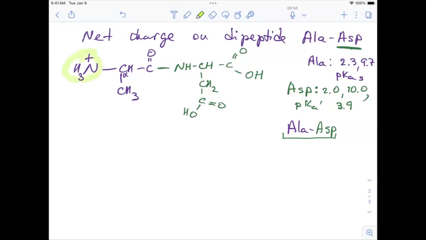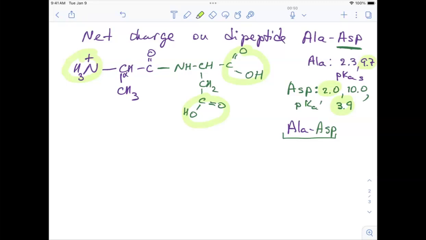From alanine, we keep the amino group, so we need the amino group pKa. What used to be the carboxyl group is no longer ionizable because it's tied into a double bond that can no longer be ionized. Then we still have the side chain pKa and the carboxyl group pKa from aspartic. So I'm going to circle this one and the carboxyl right here.